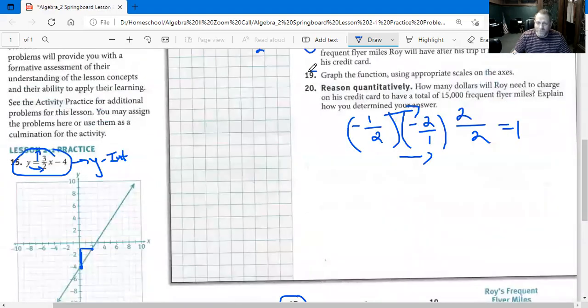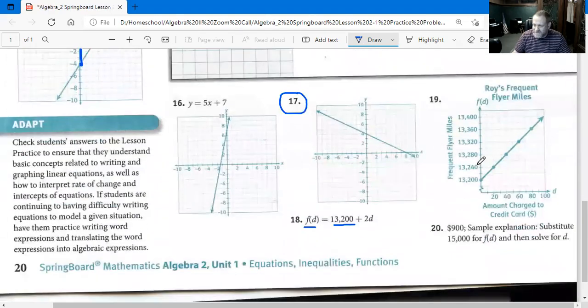Number 19: graph the function using appropriate scales on the axes. His frequent flyer miles are going up, it looks like every 20, right? So this is what it's going to look like, guys. Graph this. My homeschool students, you should be writing down everything we're talking about.